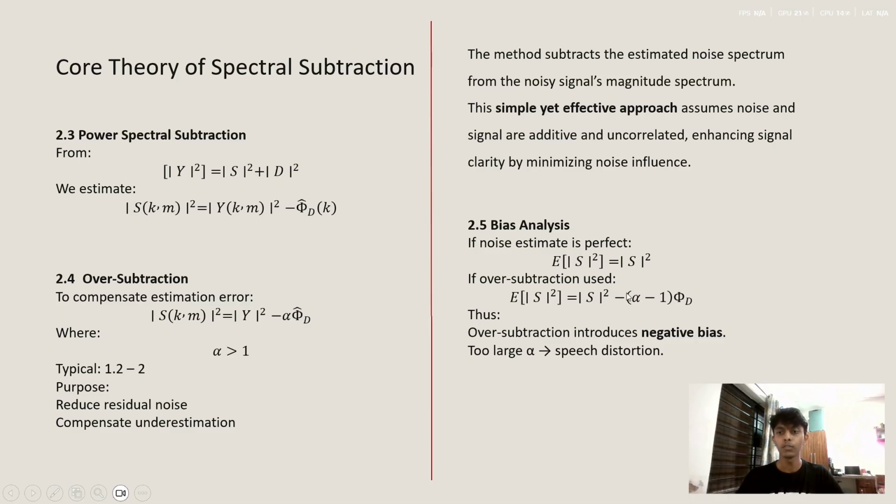So if this alpha is too large, that is, really greater than 1, then we can see it affects the signal by a lot, which leads to speech distortion. So thus, the ideal value is only 1.2 to 2.